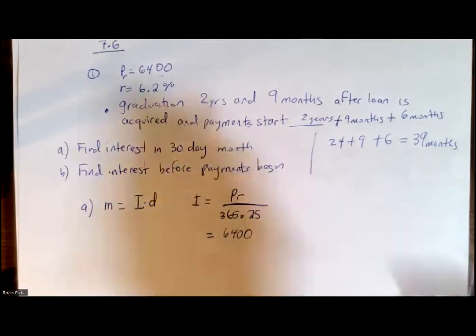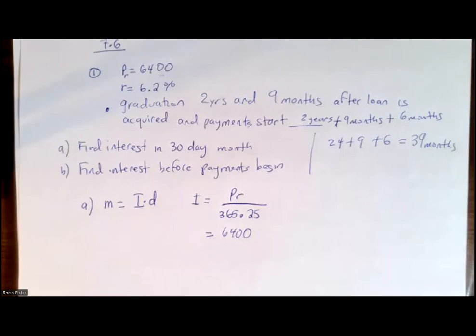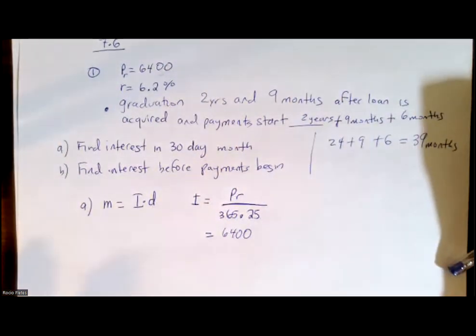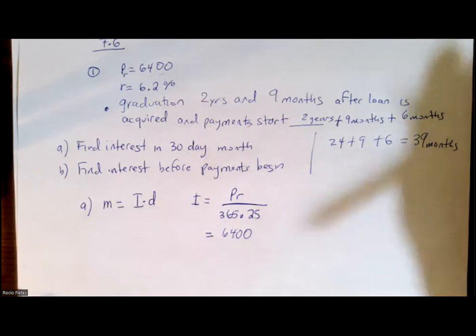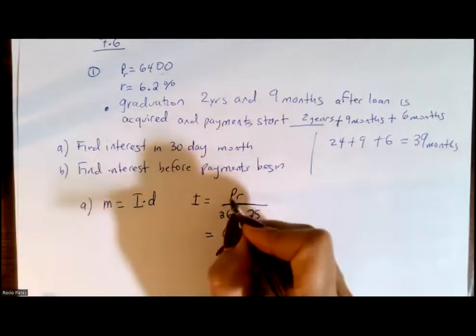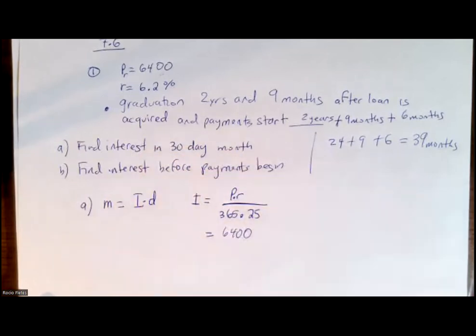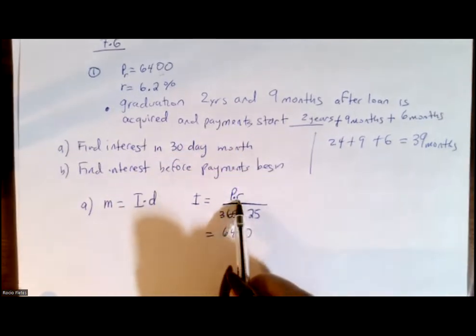And then the interest rate, so you're going to take PR. That's just the formula. So this is P times R, okay? You're multiplying P times the rate.